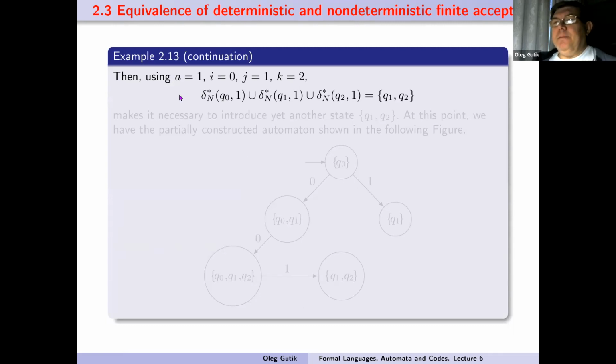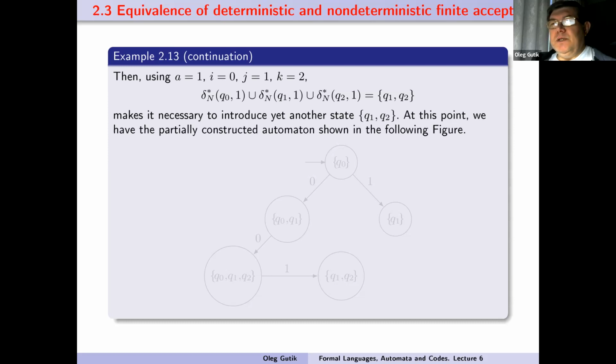Then using a equal to 1, i equal to 0, j equal to 1, k equal to 2, we get that delta star N of Q0, 1 union delta star N of Q1, 1 union delta star N of Q2, 1 is equal to the two-element state {Q1, Q2}, which makes it necessary to introduce yet another state, the two-element state {Q1, Q2}.